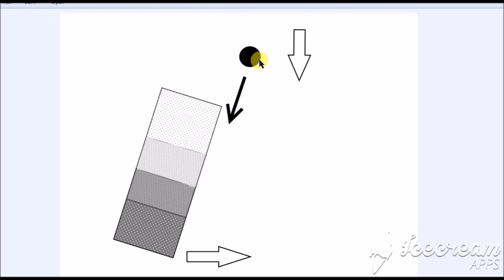So let's assume that this black circle is a bullet, spherical in shape. I don't want it to be aerodynamic or have a specific shape, just a ball, and it's shot downward while there's a tube moving from left to right.